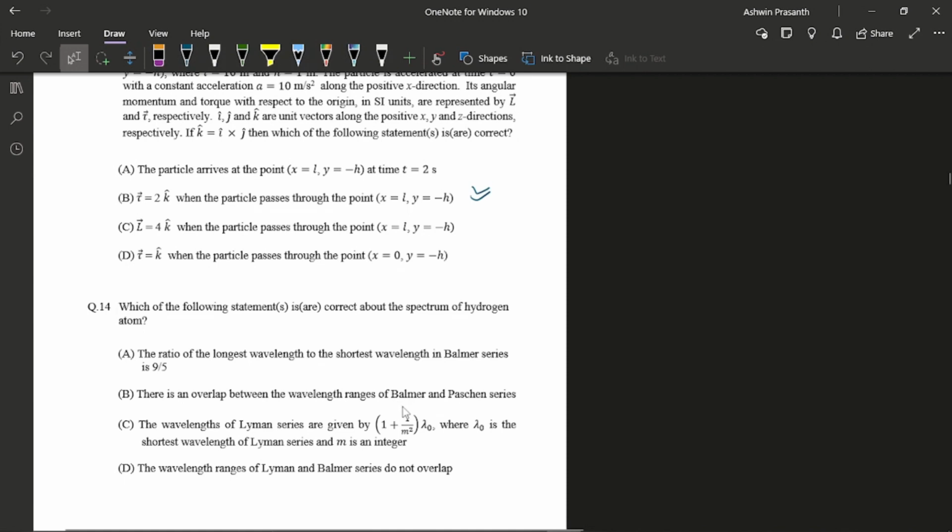I wasn't sure which number was Paschen, so I left option B. But Balmer I remembered was n is equal to 2, so I did A. Even C, I knew it was wrong, so I didn't mark. Even here, D option, I was doubtful, so I didn't mark it. Finally, I marked only A and got 1 mark. And I think the answer was A, B, or A, D, not sure.